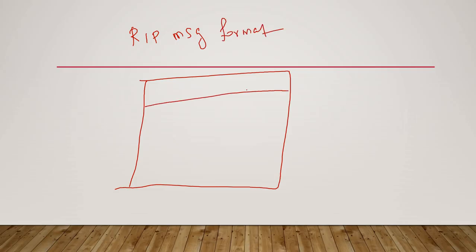The first part is called the header. This is 32 bits, divided at 0, 8, 16 and 31.